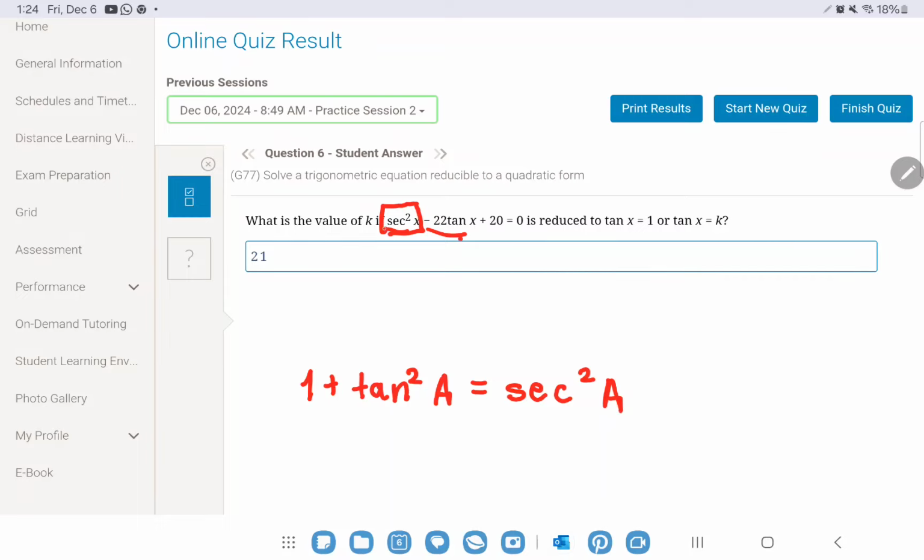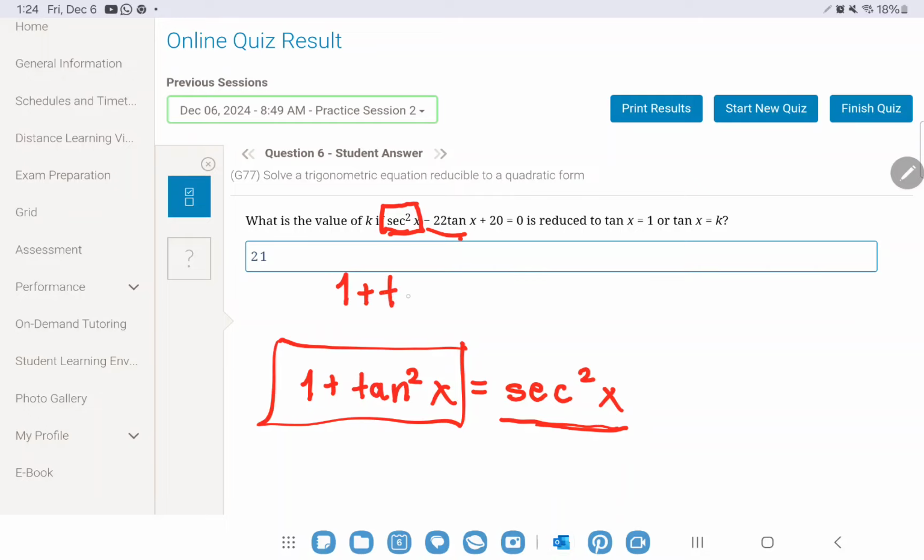Here, secant has the squared. So we know secant squared of x, I'm going to replace it by x because here they're using x as their angle, is equal to this. So we're going to replace secant squared x by this: 1 plus tan squared x minus 22 tan x plus 20 equals 0.